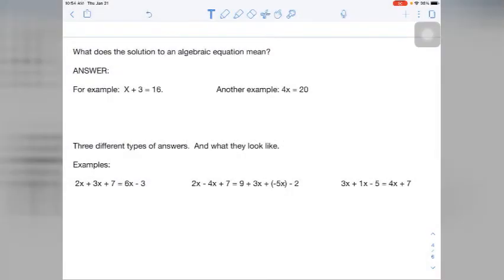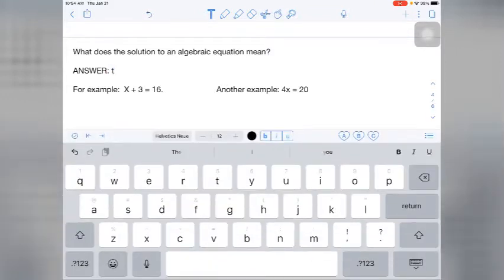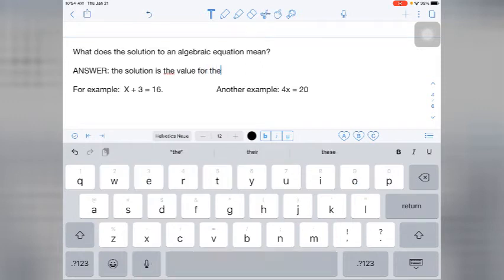One thing I want to be clear about is, what does it mean to have a solution to an equation? So when we're talking about the solutions for an equation, the solution is the value for the variable.